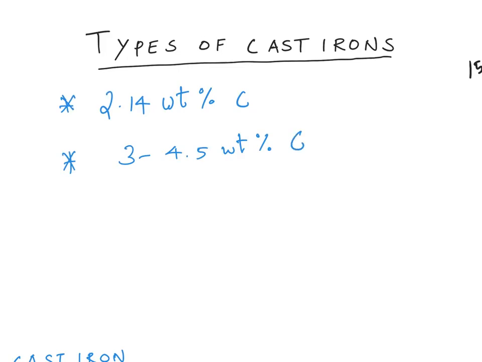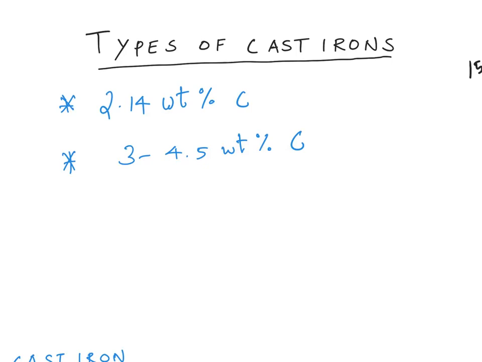Now, the important thing to note here is that when you have this much carbon content in your iron, which is the parent material, then there is a certain effect on the ease with which the alloy can be melted.